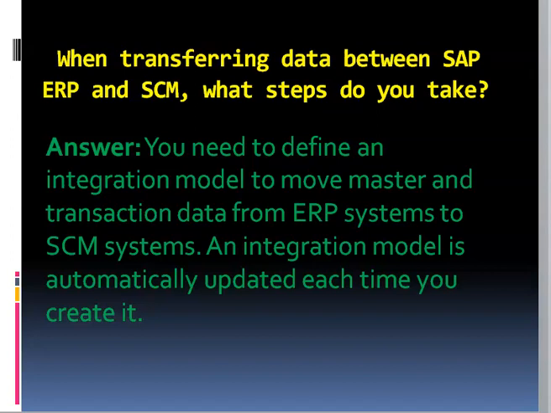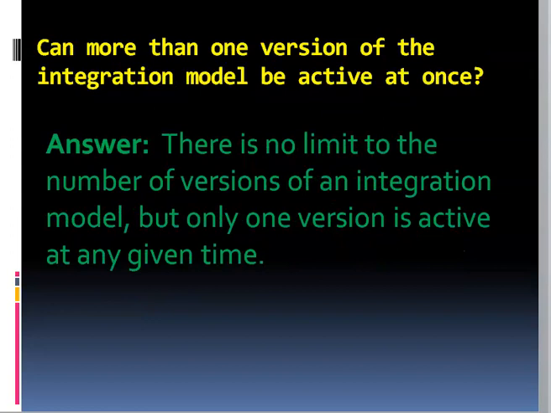An integration model is automatically updated each time you create it. Can more than one version of the integration model be activated at once? Answer: There is no limit to the number of variants of an integration model, but only one version is activated at any given time.